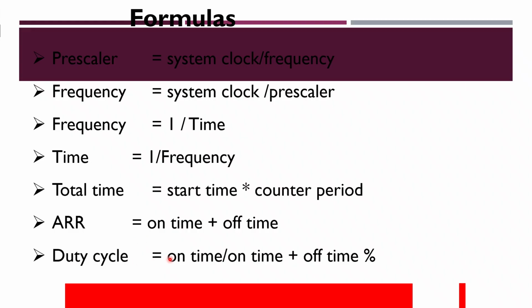Then duty cycle means on time by on time plus off time, as a percentage. It can also be simply written as duty cycle equals P on divided by T into 100. So this is the duty cycle easily mentioned, as a percentage. You understand?